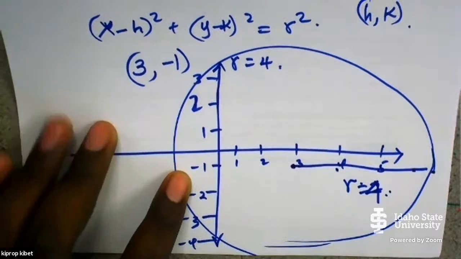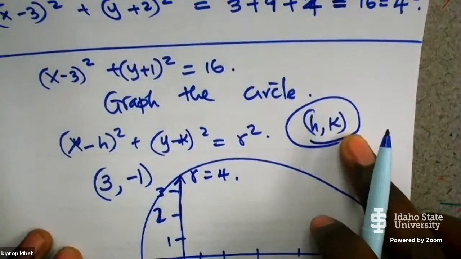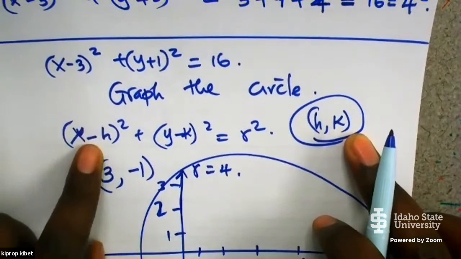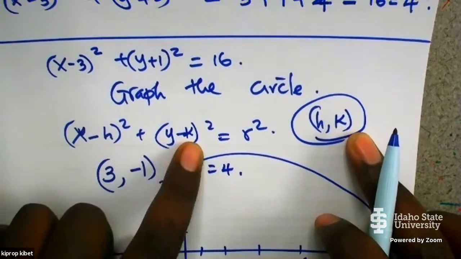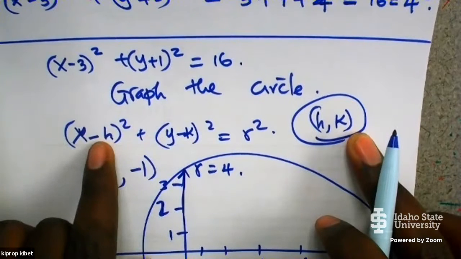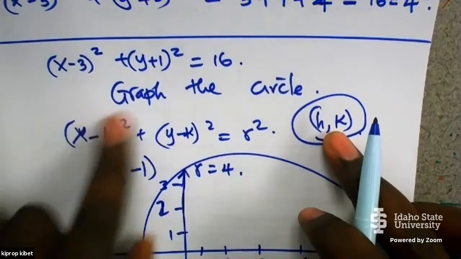Why do they switch? So we know the center of the circle is h and k. So when you bring this one here, it is x minus h, and this one is y minus k. So if these are positive, then this will be negative. If these ones are negative, then they will be positive.